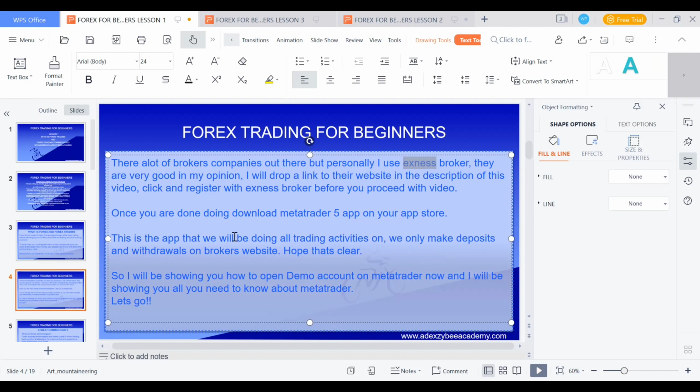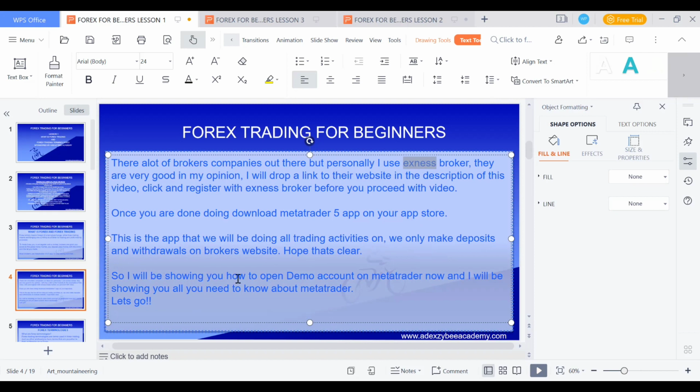Now, this is the app that we'll be using, where we'll be doing all trading activities. So all you do on your broker website is just to deposit your money and withdraw. All the trading activities will be done on MetaTrader. I believe we are following. We only make deposits and withdrawals on brokers' websites. This is clear.